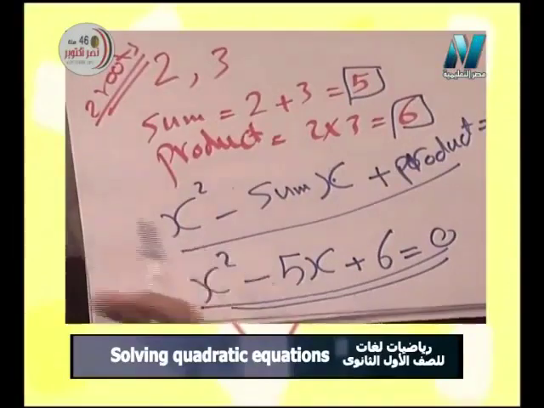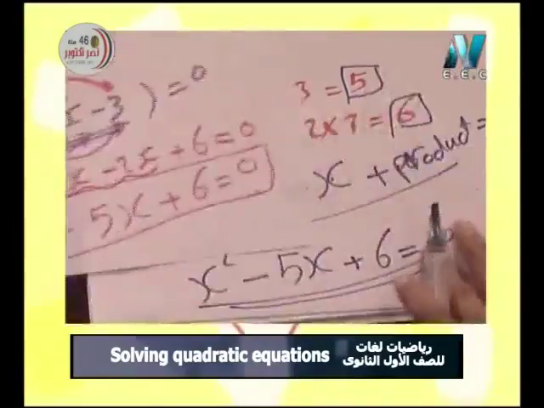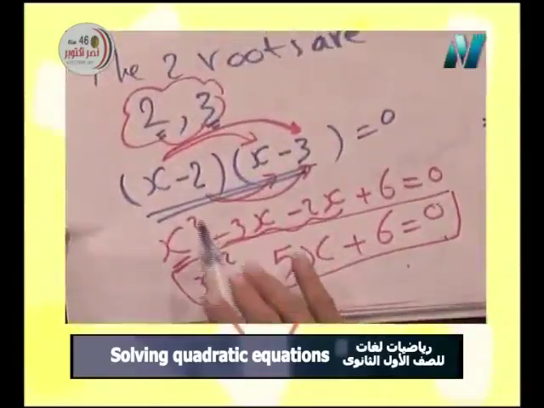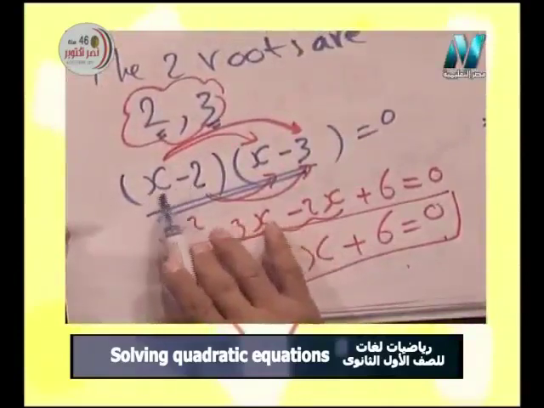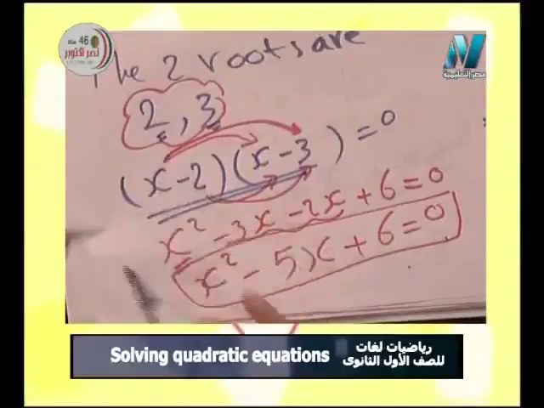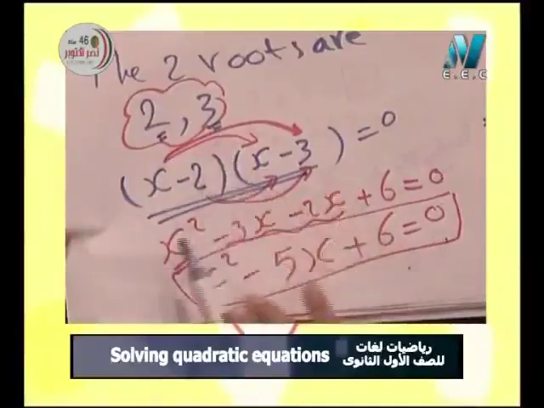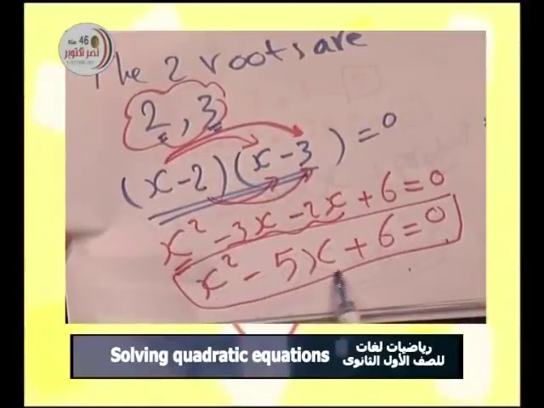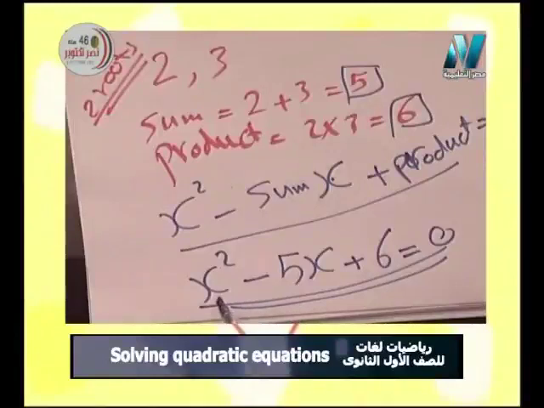Remember, last time we found the equation by a method: put x minus the first root and x minus the second root, and multiply them. The equation will be x power 2 minus 5x plus 6 equals 0, and this one is also x power 2 minus 5x plus 6 equals 0, but by another method.